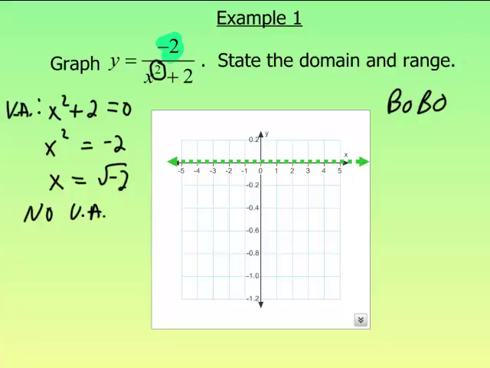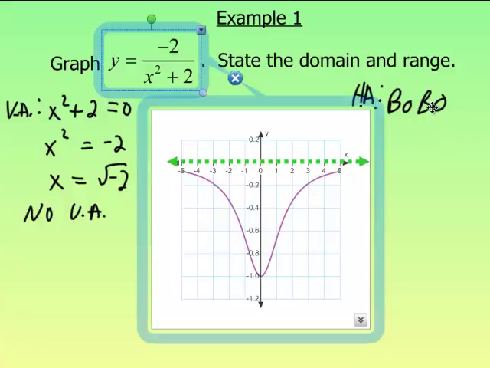So now we would just plug in points and get whatever remaining points we can. So what we need to be able to do before plugging in points is find the horizontal asymptotes, the vertical asymptotes, as well as the zeros.